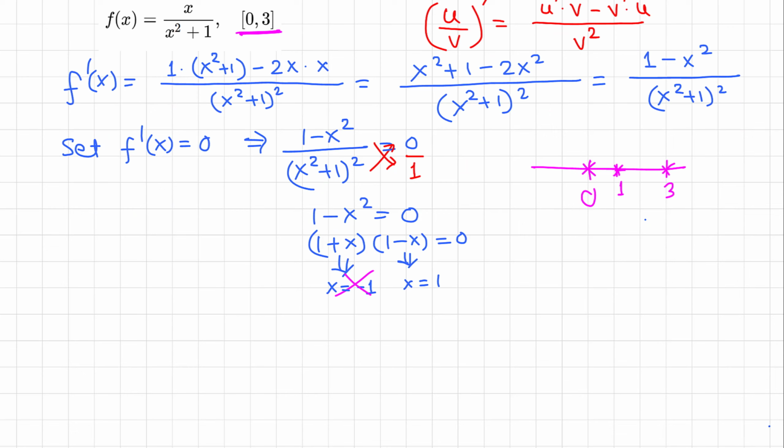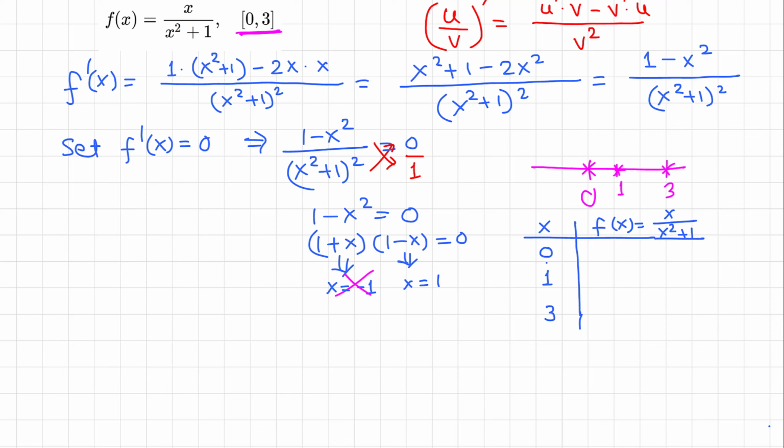Okay. So let's make a table now. X and the function, x over x squared plus 1. 0, 1, 3. Let's plug in 0.